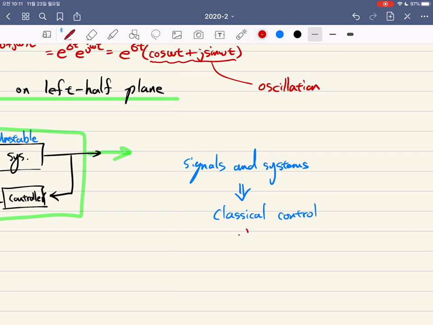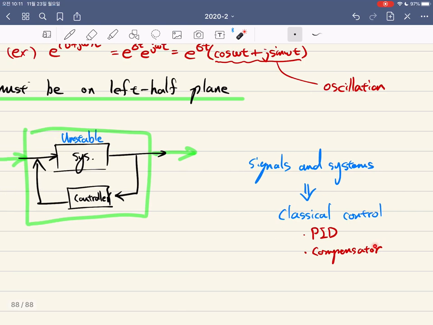So you will learn things such as the PID controller and compensators, such as the lag compensator or lead compensator, in the classical control lecture. So if you are interested, then after this course, maybe in the next semester, you can try classical control, which is based on the things that we do in this current lecture.